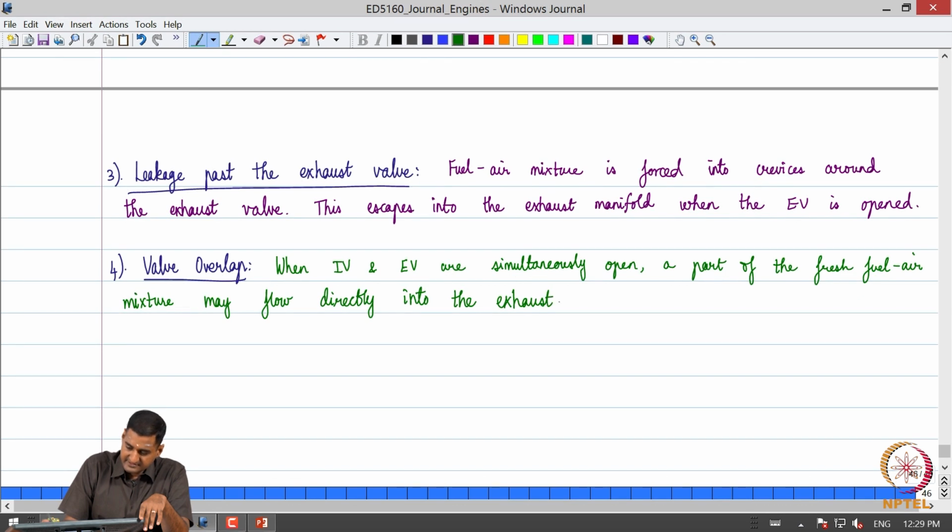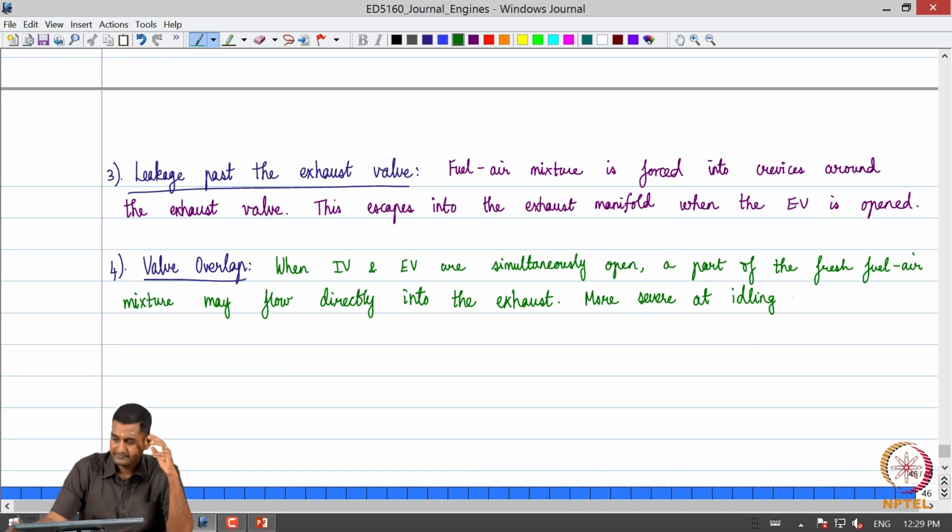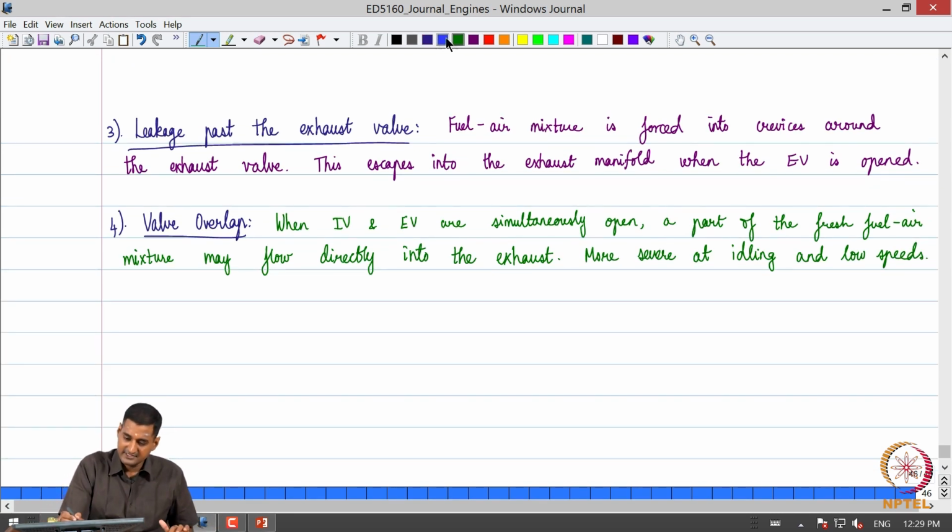That is due to valve overlap. This is more severe at idling and low speeds due to the longer time of valve overlap. So that is another reason.